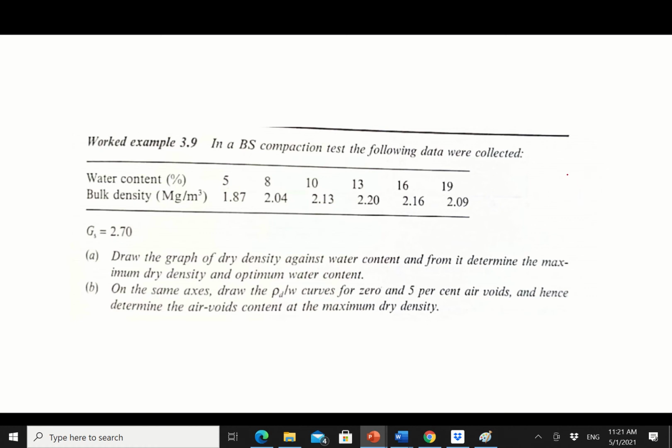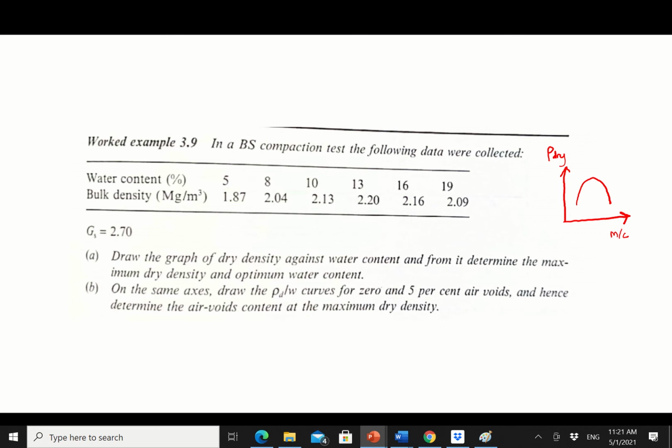So at least you have the idea that from this data, the next procedure is to plot dry density, and then connect all these points, and at the end you get this compaction curve. We know that the y-axis will be the dry density value, and the x-axis will be the moisture content value.